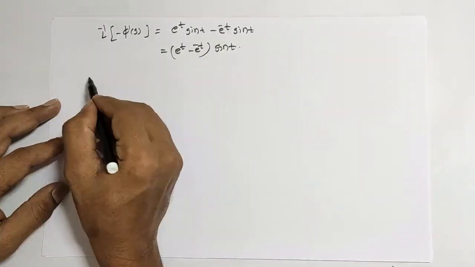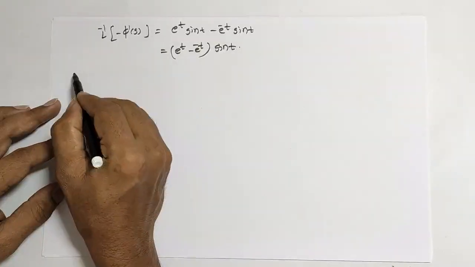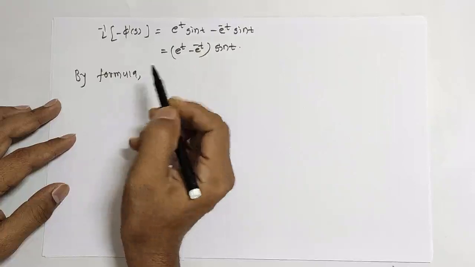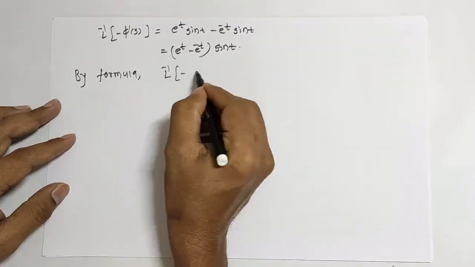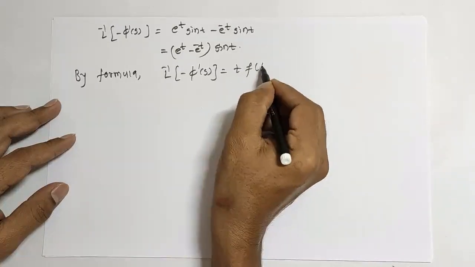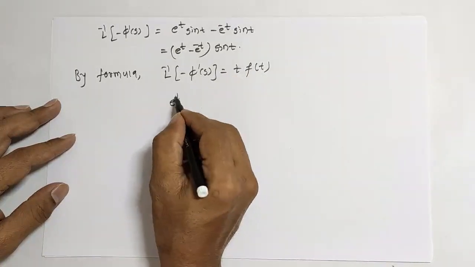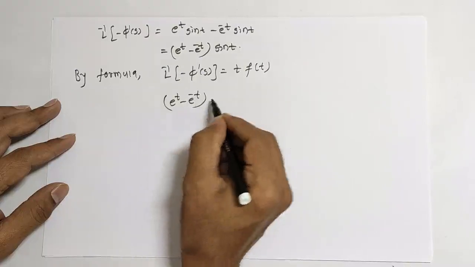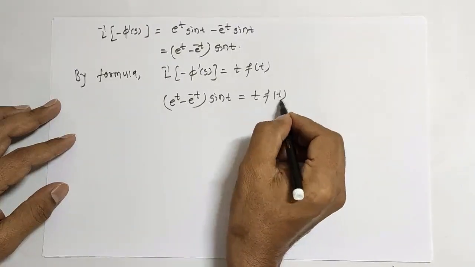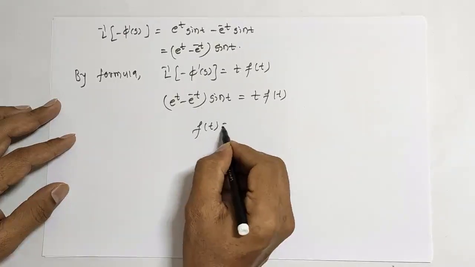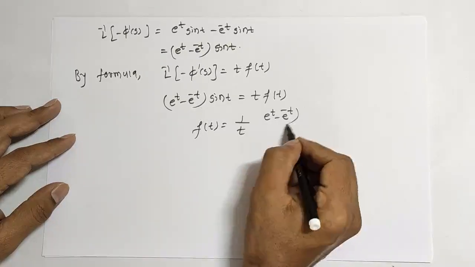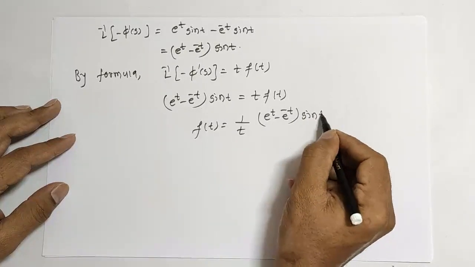Now by formula, L inverse of minus phi dash of s is equal to t into f of t. So (e to the power t minus e to the power minus t) into sin t is equal to t into f of t. So f of t is equal to 1 by t, (e to the power t minus e to the power minus t) into sin t.